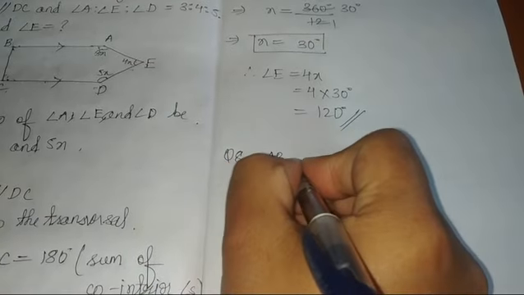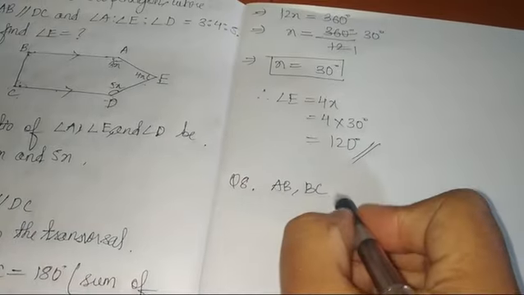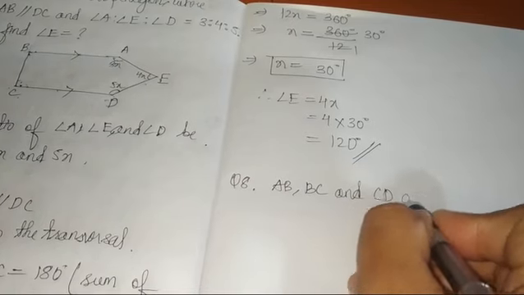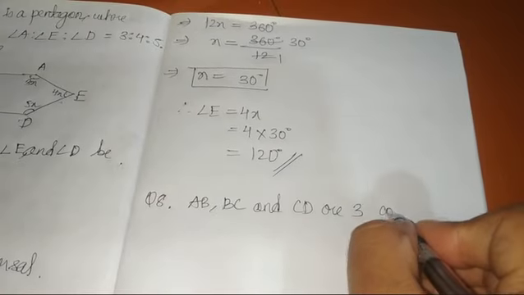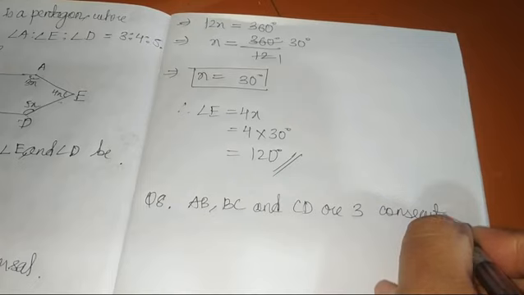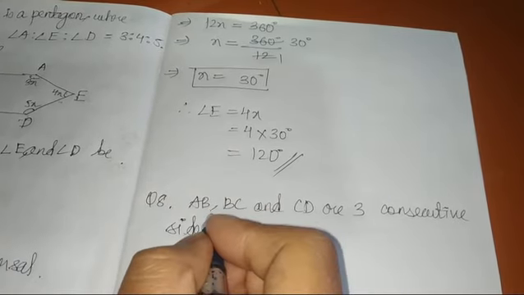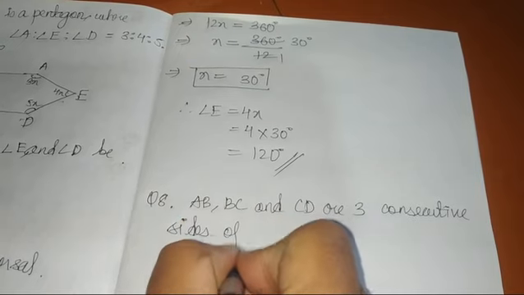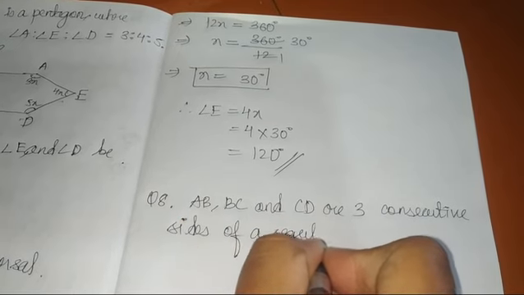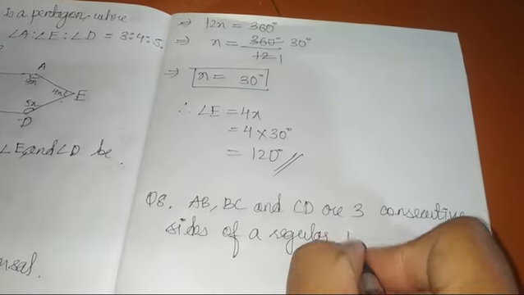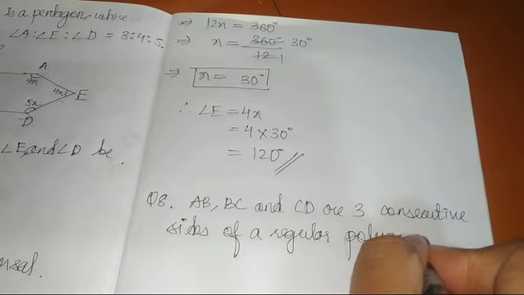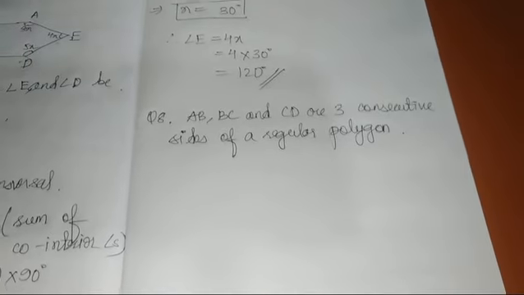Given to us: AB, BC and CD are three consecutive sides of a regular polygon. Let's make the figure for this.